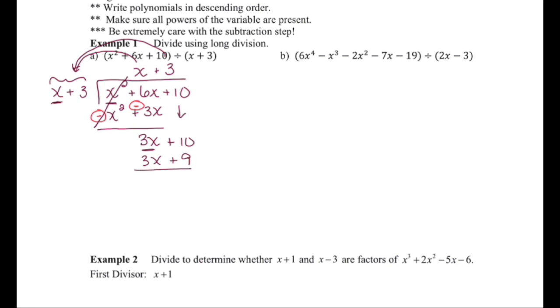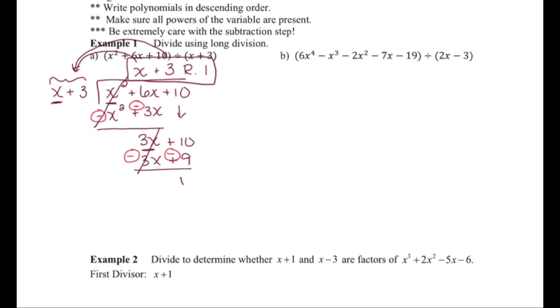We're going to subtract, so we'll end up changing our signs. When I subtract, the 3x's disappear, and 10 minus 9 is 1. We have a remainder here of 1, so we know it doesn't go in evenly, but we sure have divided. x plus 3 remainder 1 is the solution.